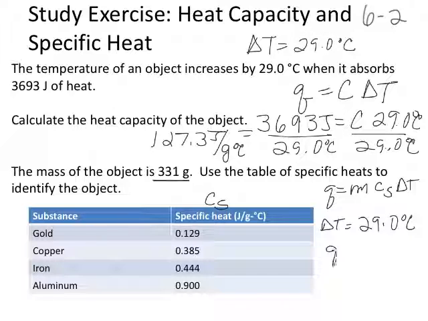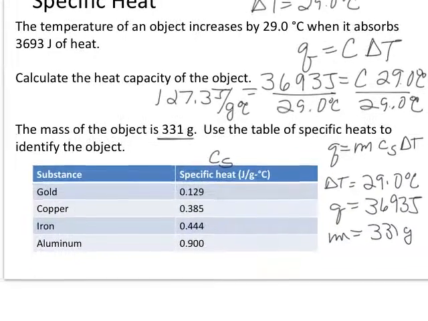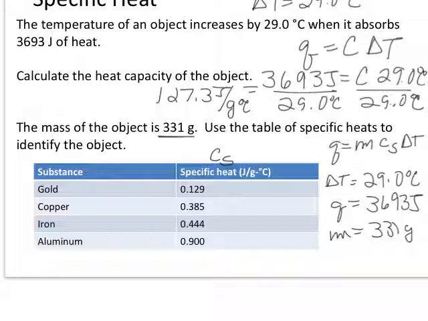Our Q, our heat, equals 3,693 joules. And the mass is given to us, 331 grams. Now, so you know what units you need everything in, make sure your units are correct.